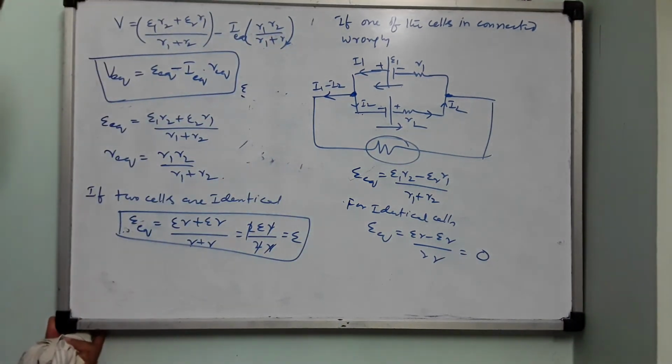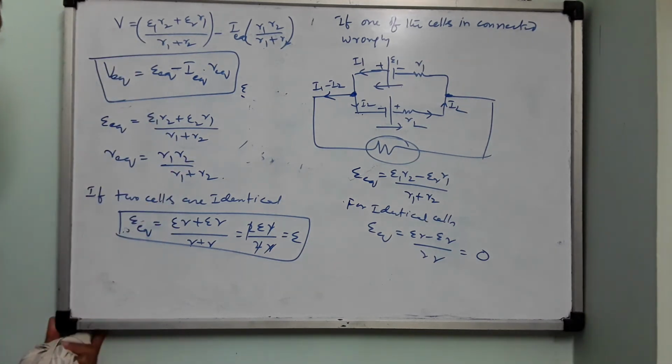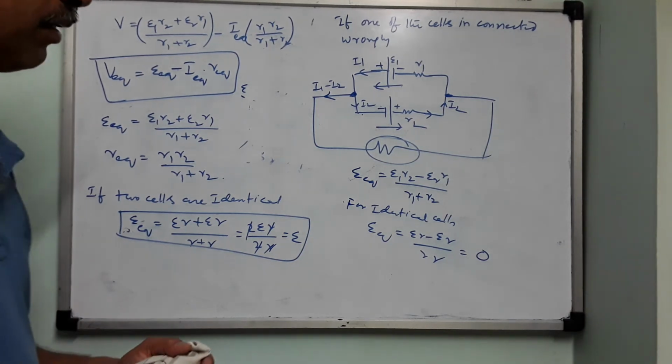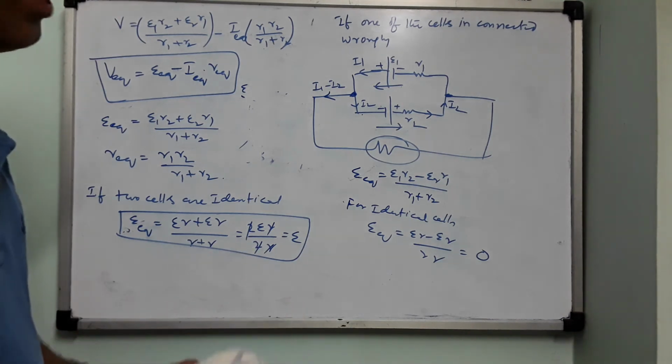So if you connect them rightly, two identical cells, 1.5 volt, 1.5 volt put in parallel, the net EMF is going to be only 1.5 volt. If by mistake you connect them wrongly in parallel, then the net EMF is going to be 0. Therefore we prefer the cells to be connected only in series, that too in a right way.